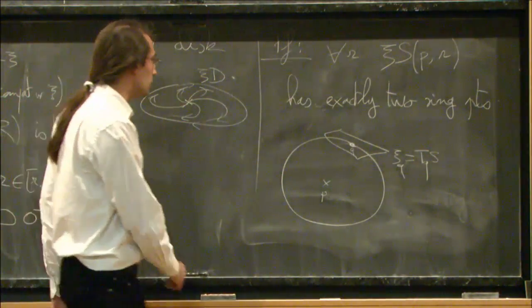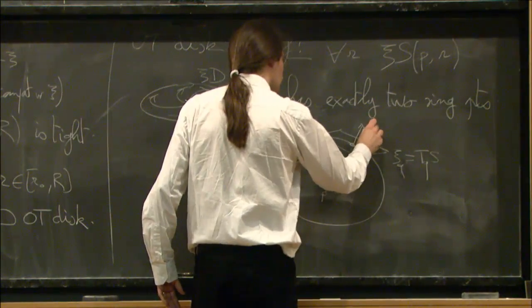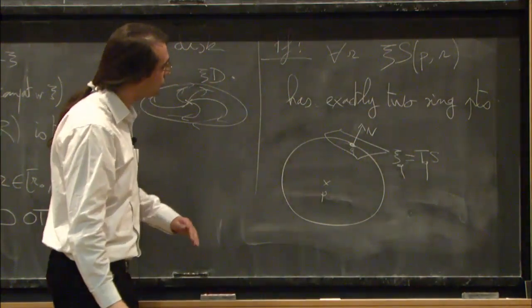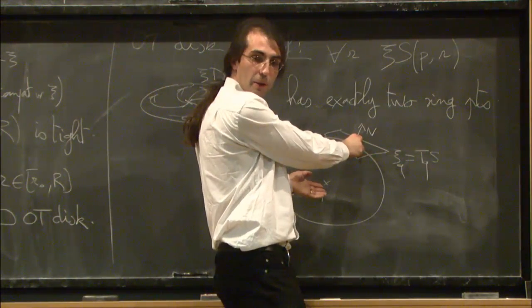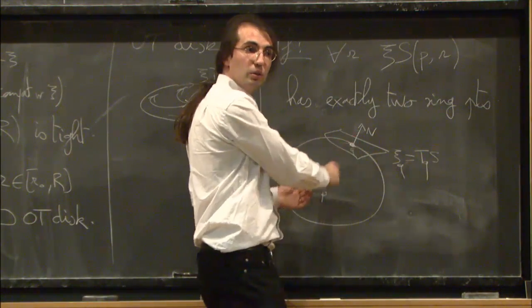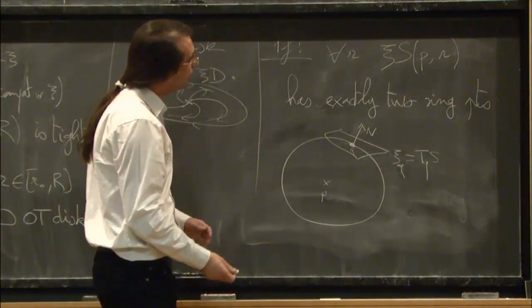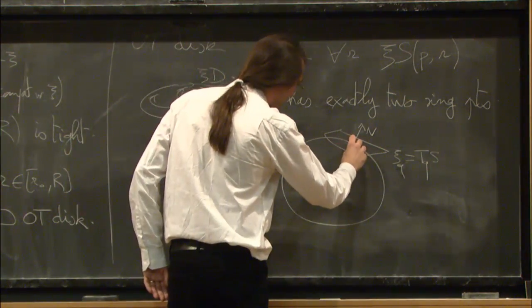Okay, but now we know that the unit normal to psi at that point, you know what it must be, because we have a Gauss lemma telling you what is the unit normal to a sphere in a Riemannian manifold. It's a bit of Gauss lemma read backwards, but it's still Gauss lemma.